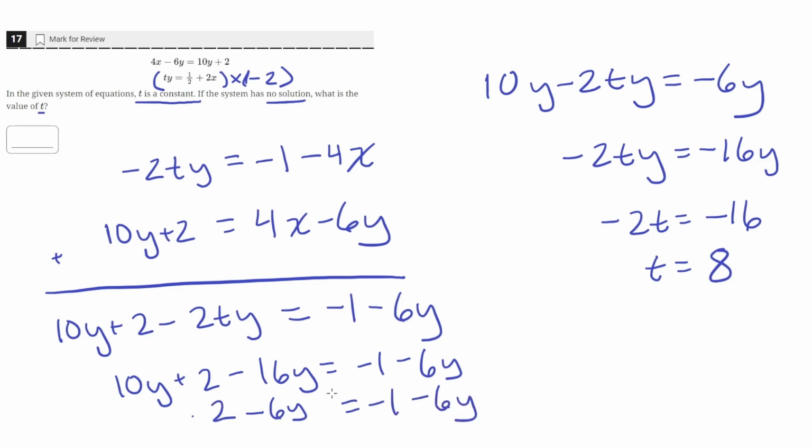And then since negative 6y is on both sides, we can cancel those out, and we'll just be left with 2 equals negative 1, which is obviously false. So for a t-value of 8, this system of equations has no solution. So the answer is 8.